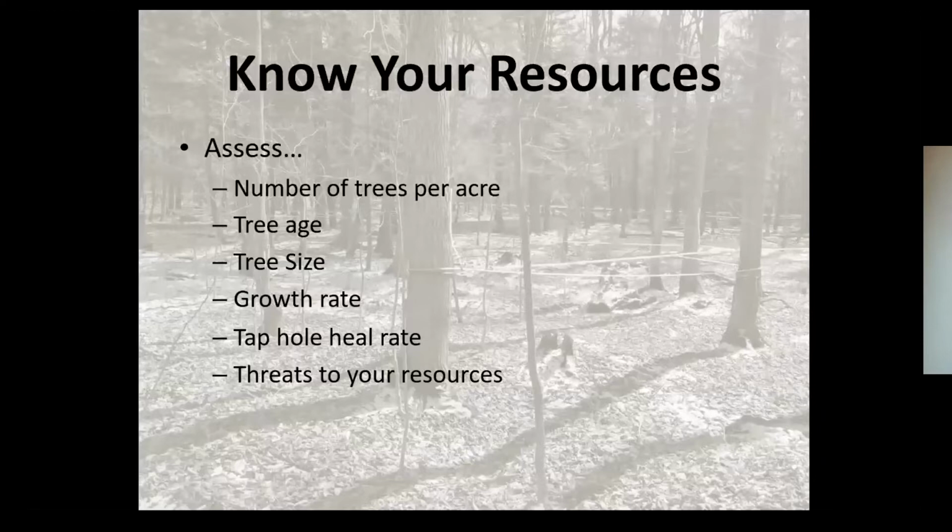All right, so another factor we need to think about is knowing the resources that you have within your forest. So it is important to go throughout your forest and make this assessment. We talked about looking at our soils, but looking at the number of trees that you have per acre can be an indication of whether those trees are too heavily stocked, too many trees per acre, not allowing enough sunlight for those trees.